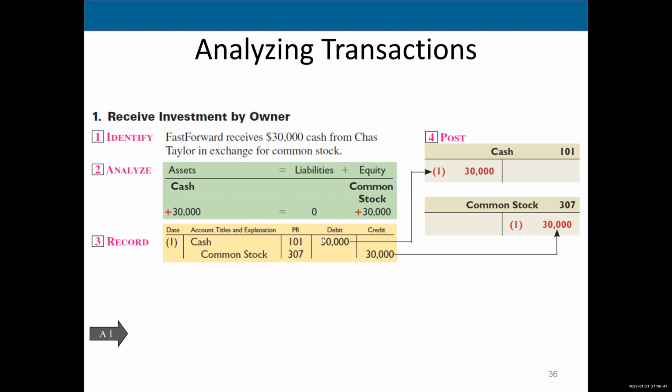So once we do that, we put that account 101 here, right? Next, we do the second line, credit common stock for 30,000. So we look here, we've got common stock, credit 30,000. And again, we want to make sure we transfer that number 307 back here.